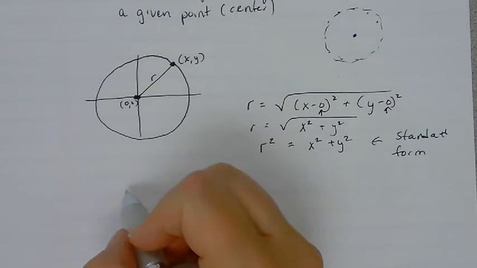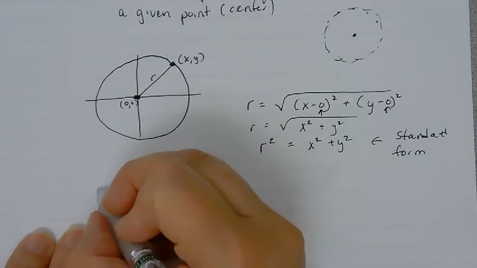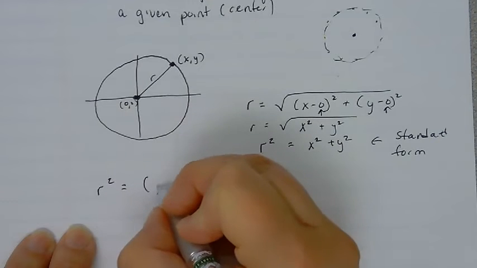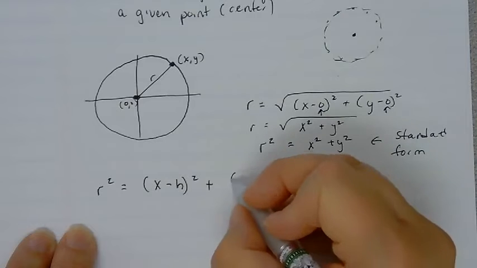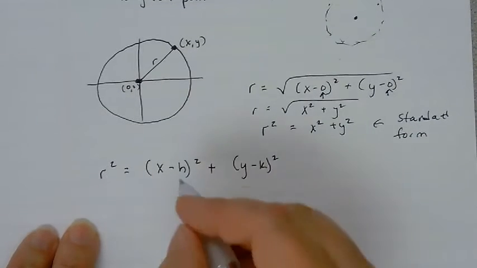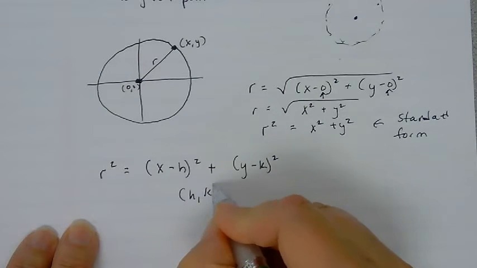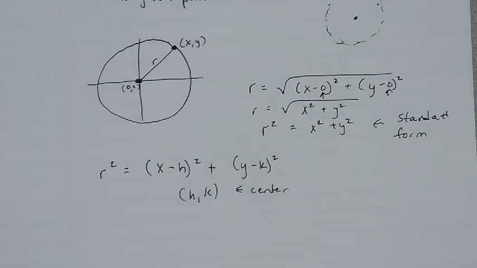But if the center is not at the origin, the standard form is going to look like this: r squared equals (x minus h) squared plus (y minus k) squared, and that is the standard form of a circle when (h, k) is the center. When you take the ACT, they're going to expect that you know that, and usually there's 3 or 4 circle questions on the ACT. So let's do a couple of examples here.